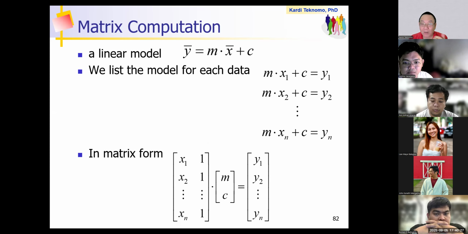The next question is not just how, but why. Why do you want to put it into matrix form? As long as your model is linear, if you put it into matrix form, suddenly everything becomes simple. You can solve it easily using the generalized inverse. I will show you in a moment.